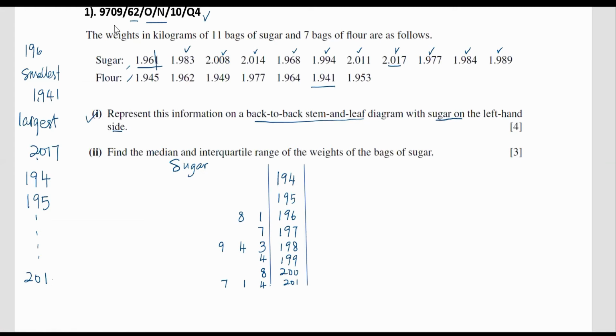The last, 2014 and 1, we need to rearrange. We have to put the 4 in the middle and 1 closest to the stem. So it should be 1, 4, and 7, the smallest number closest to the stem. Okay, so we have all the data of sugar on the stem and leaf diagram.